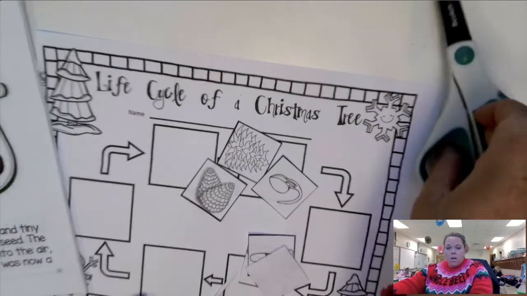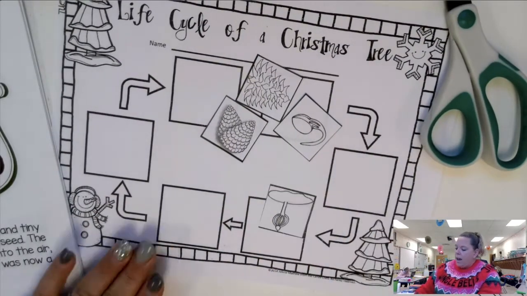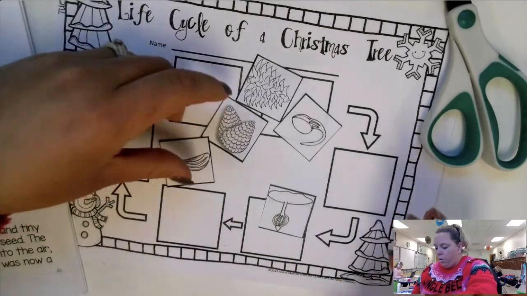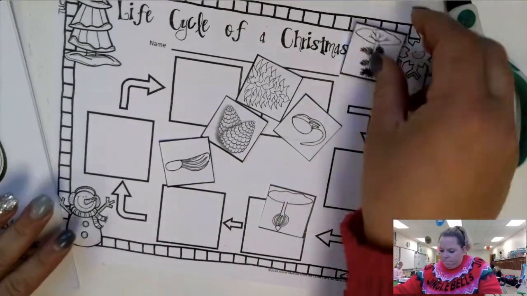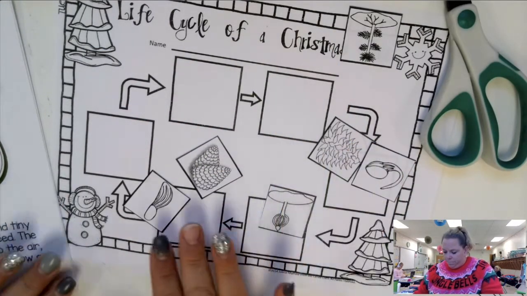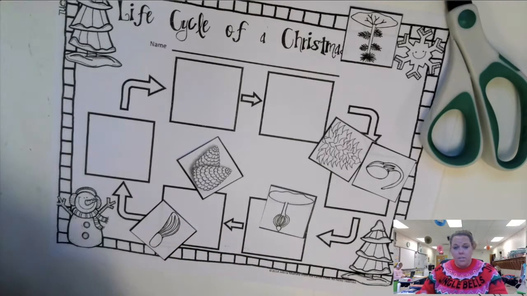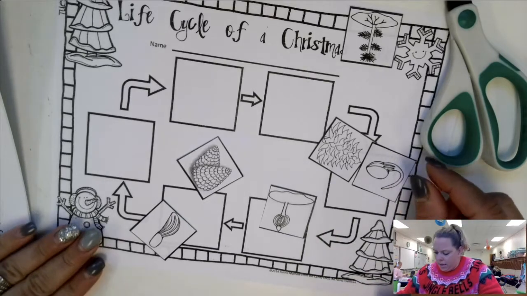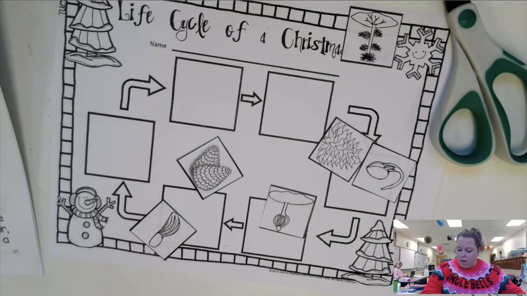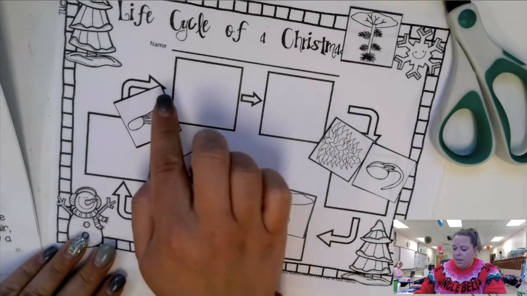Okay, so now I have my 6 cut out, and I need to figure out what order they are going to go in. So, we need to first start with our what? Needs to start as a seed. And so, this would be actually my seed piece, wouldn't it?